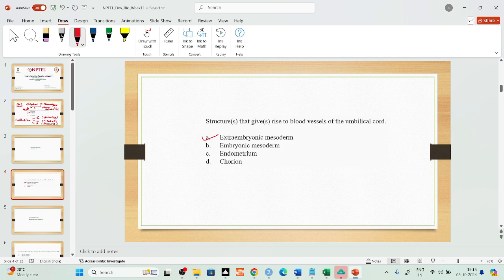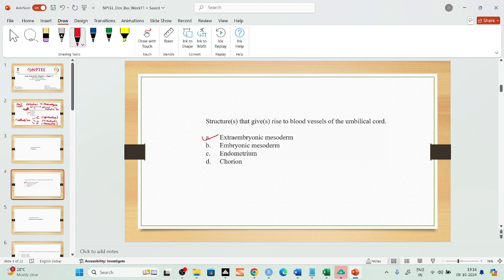Okay, and this extra embryonic layer of the mesoderm and this umbilical cord forms a vasculature which connects the embryo to the placenta, which helps in the exchange of nutrients and gases between the fetus and the mother. This is not a very conceptual question, it's a direct question.